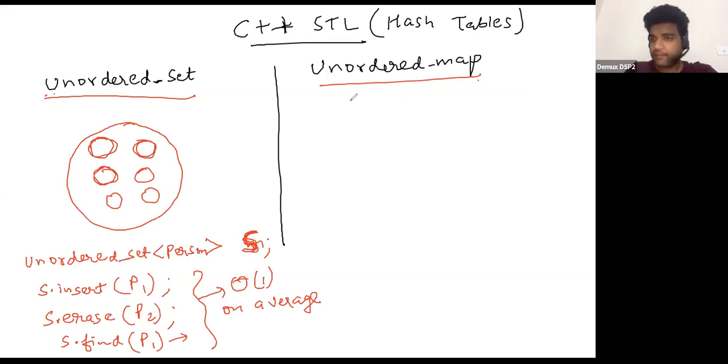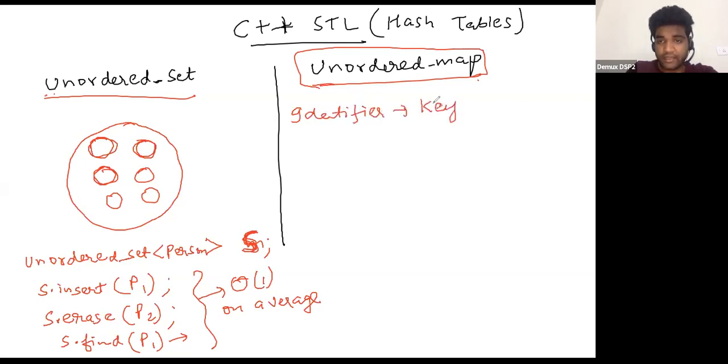For the other type of representation that I was talking about, wherein we have a specific identifier, C++ STL said that you can declare an unordered map. So basically what this tells you is that you can tell about the unique identifier of your data, which is nothing but a key. So they call it the key.